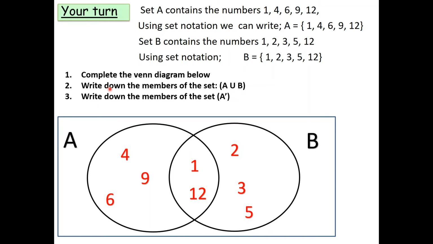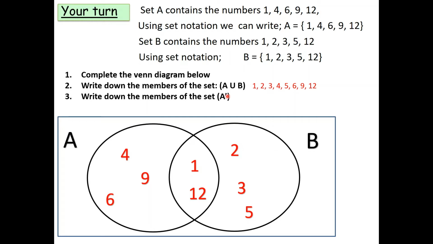Part 2 requires you to actually remember and understand the notation. So A or B, that means anything in the circles. So that's the list of numbers that are in the circles. 1, 2, 3, 4, 5, 6, 9, 12. That's all of those numbers. And finally, write down the members of the set A with an apostrophe.